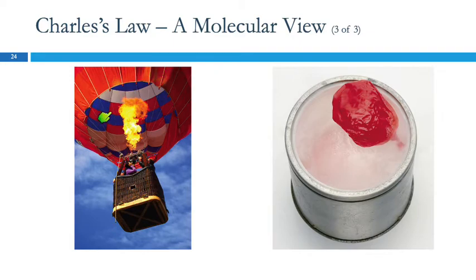So the hot air inside the balloon is less dense than the cold air outside the balloon. And just like wood floats on water because wood is less dense than water, hot air will float in cold air. And so by controlling the amount of heat, you can get the balloon to go up and down.